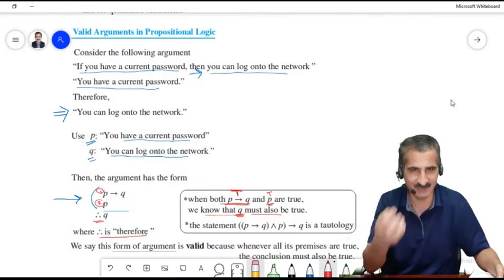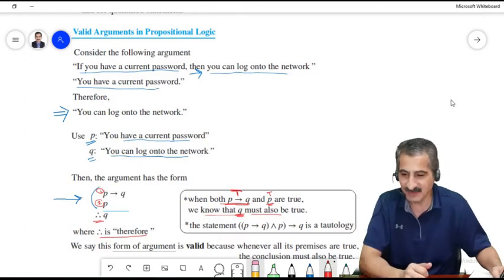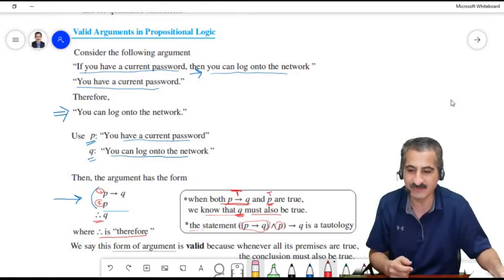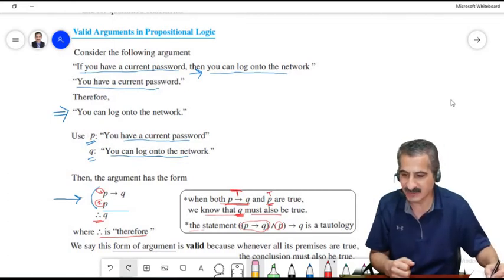Then Q is happening. Here we go again. We have P gives Q in hand, and we have P there. So altogether this will give Q. So this is a tautology.